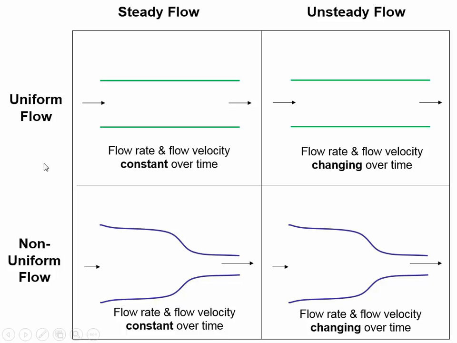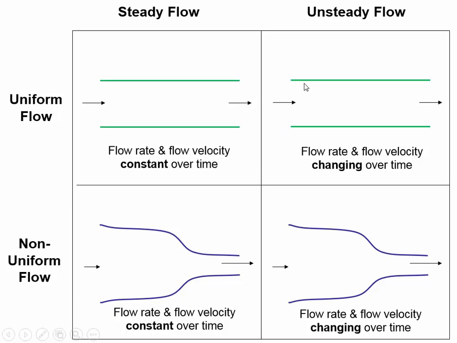And remember that it is the parallel walls of a pipe that would give you uniform flow. And it is the changing cross-sectional area of a pipe that would cause a change in velocity with respect to position. And so that's why here for the non-uniform flow row, these two cells, we have the diameters decreasing.